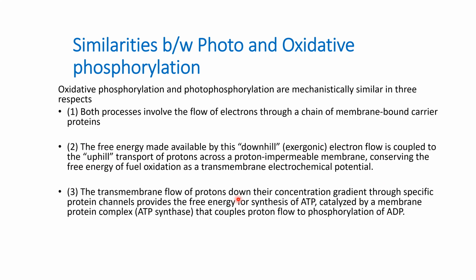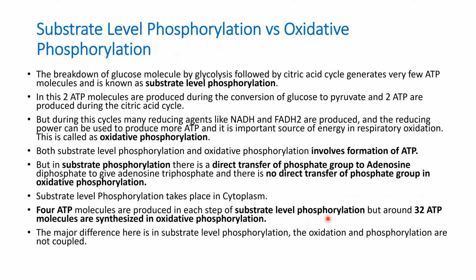The transmembrane flow of protons down their concentration gradient through specific protein channels provides the free energy for synthesis of ATP, catalyzed by a membrane protein complex, ATP synthase. This is not a single protein. There are more than 5 protein complexes present there, and they couple the proton flow to phosphorylation of ADP.